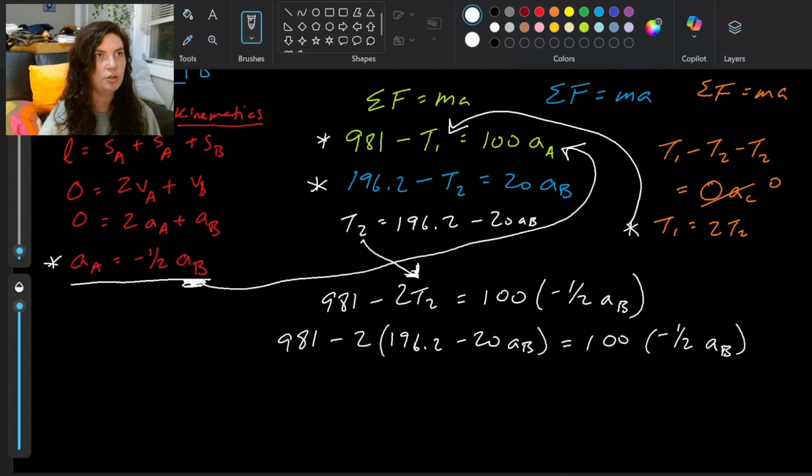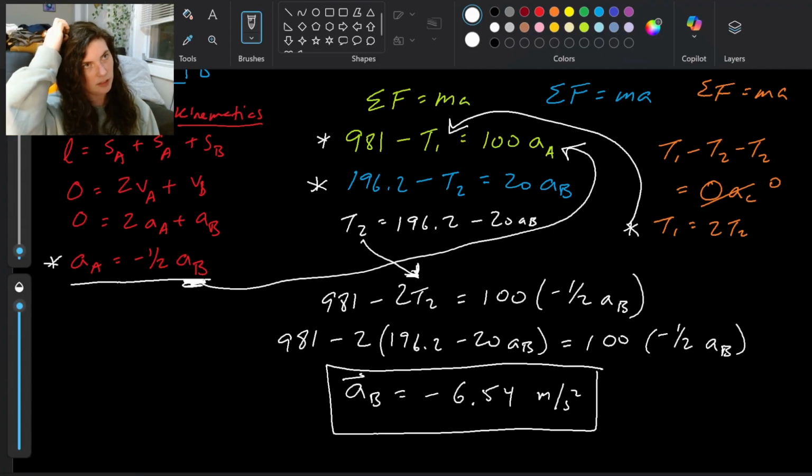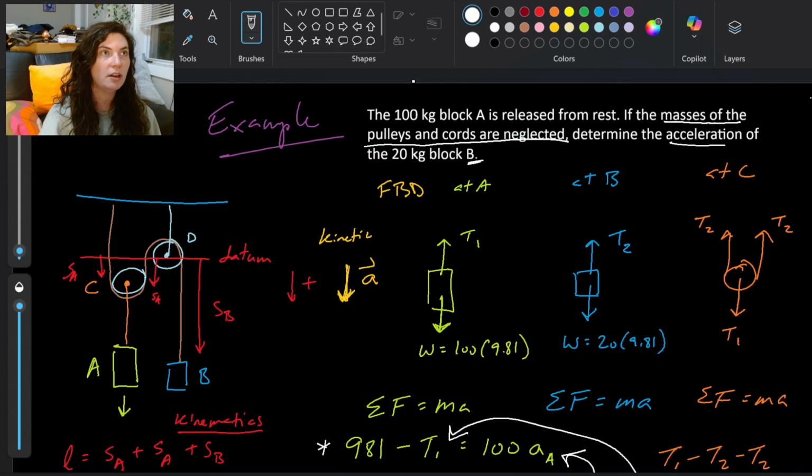So when I go ahead and do the algebra, solve for AB, I get my acceleration in the B direction is negative 6.54 meters per second squared. And why is that acceleration negative? It's because in our kinetic diagram, we had assumed that all accelerations were moving down in the positive direction.